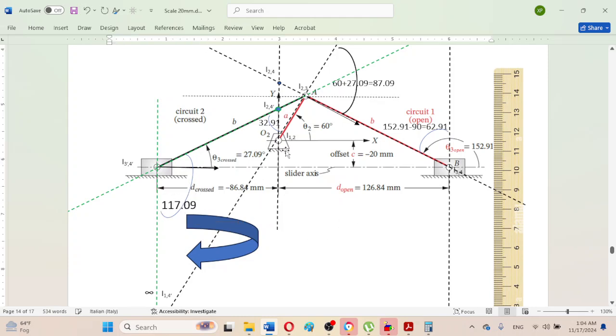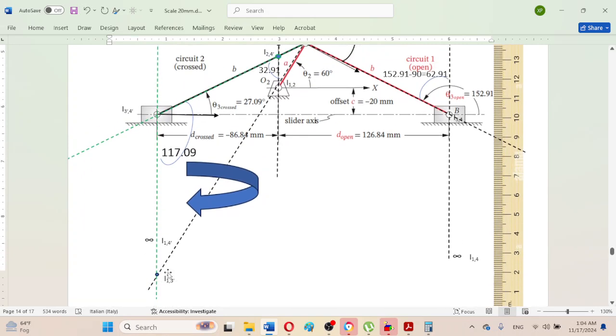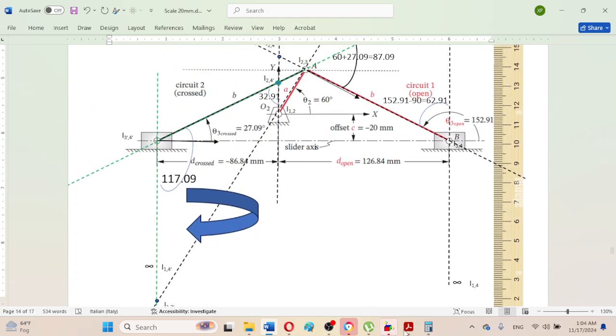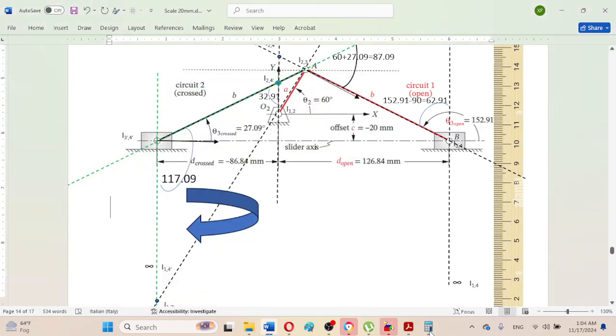So this third angle at I13 dash can simply be calculated by subtracting the sum of this angle and this angle, 32.91, from 180 degrees, because the sum of the angles of a triangle is 180 degrees.